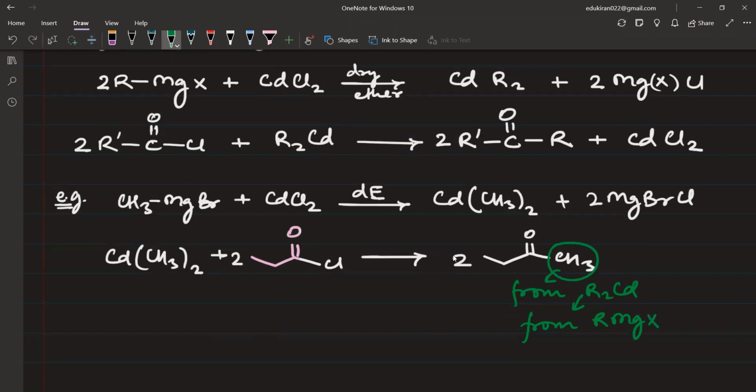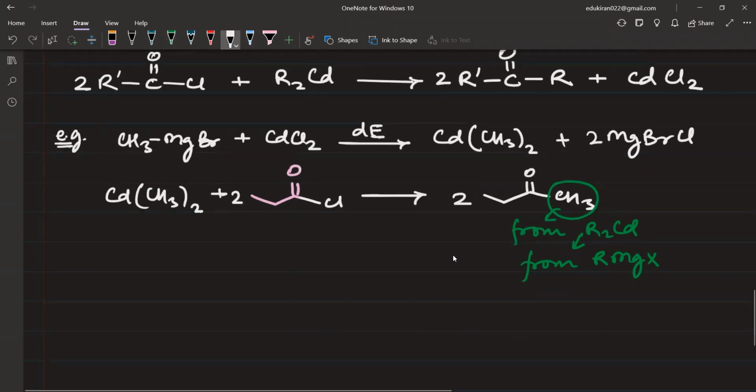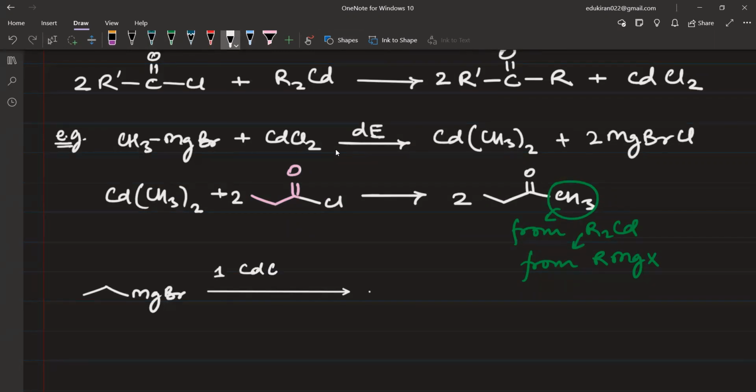And this R is coming from RMgX. Now, if you get a question like this, they have given you a sequence of steps. In the first step you have MgBr and CdCl2, and in the second step you react the product from the first step with, let's suppose, CH3 C double bond O Cl.